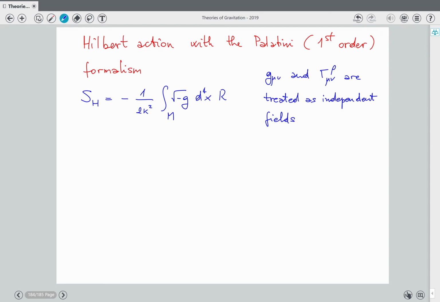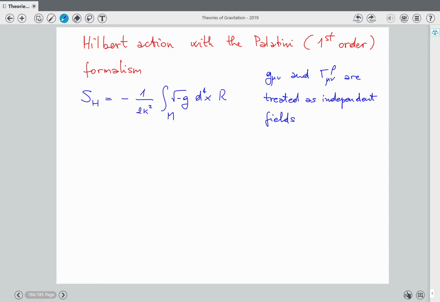We will also have to specify which assumptions we make. Now the assumption is we cannot assume both torsion vanishing and g mu nu being covariantly constant, that is to say metric compatibility, because if both are assumed, then this is the Levi-Civita connection, so they cannot be treated as independent fields.